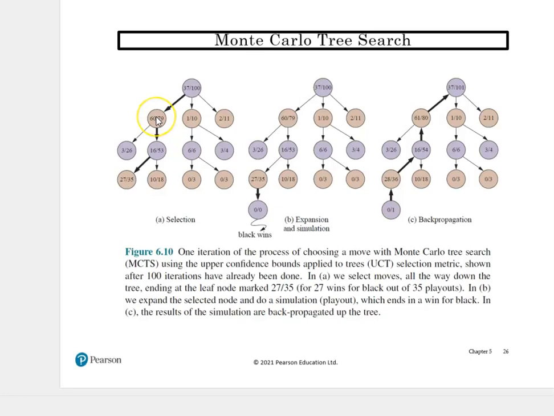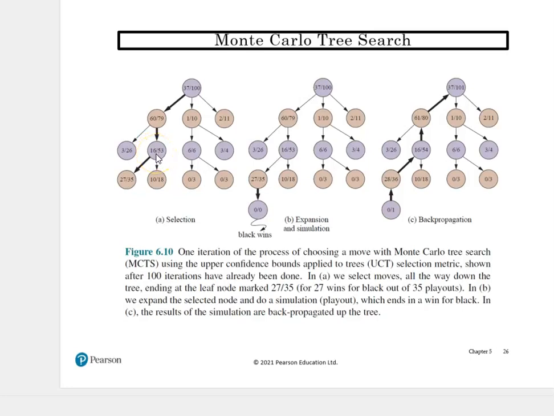And then at this tree, we found 2 possible actions. If we move in this direction, we only get 3 out of 26 simulations as winners. In this one, we end up with 16 out of 53, so we're going to move down this way.